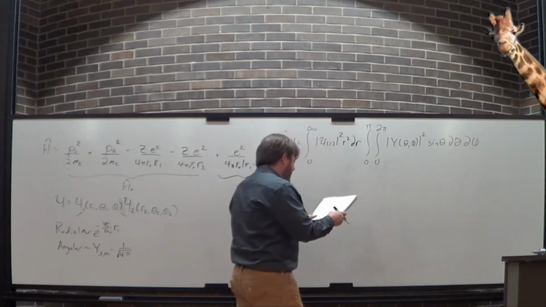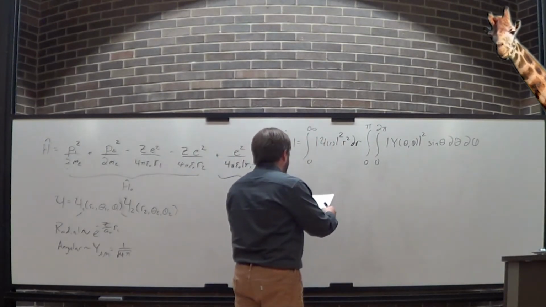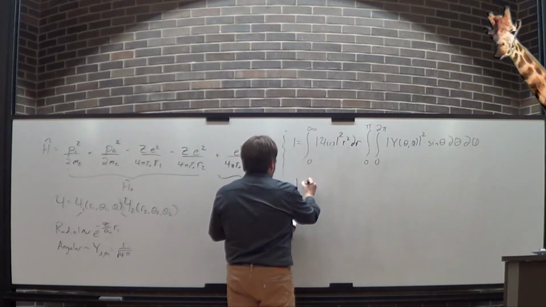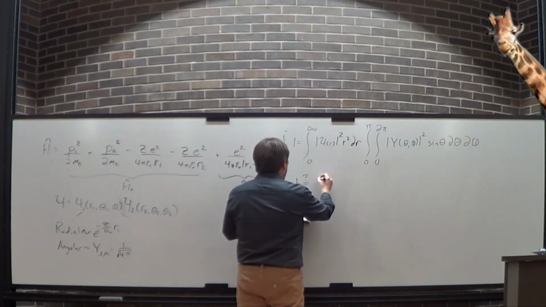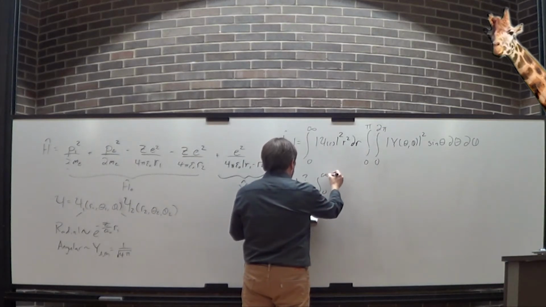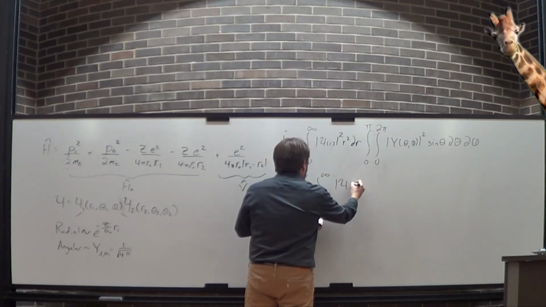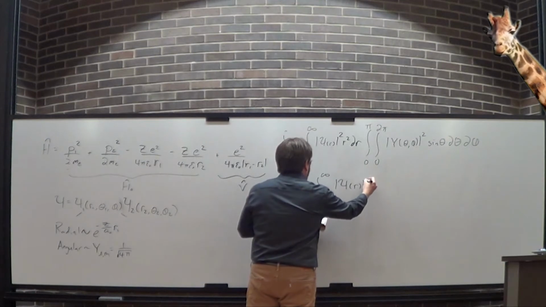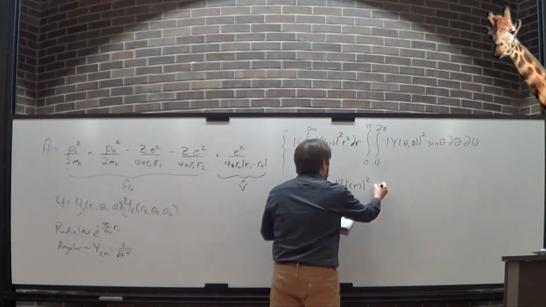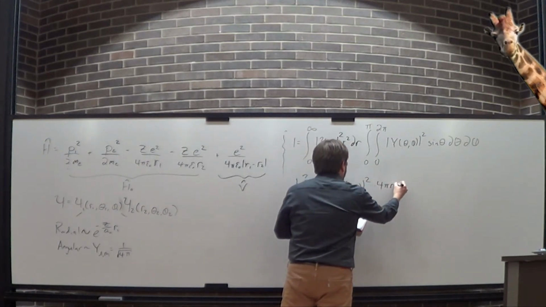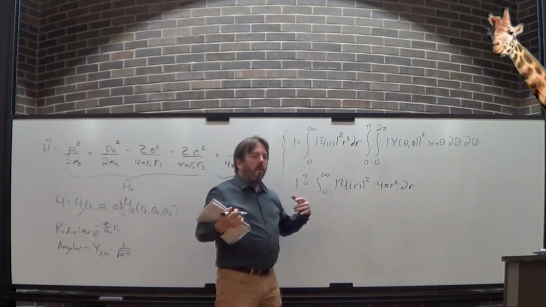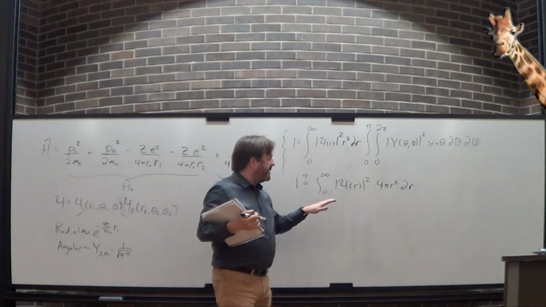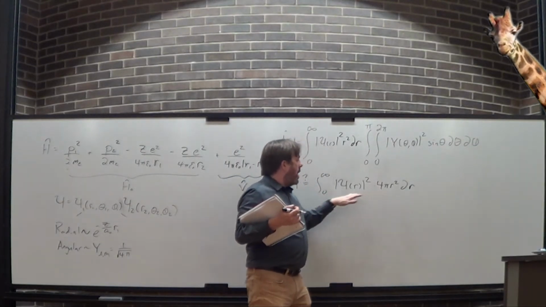And as a result, let me put a question mark here. As a result, sometimes people do this. Now again, the problem is that when there's no angular part, because you're talking about an S state, you want this to be true.